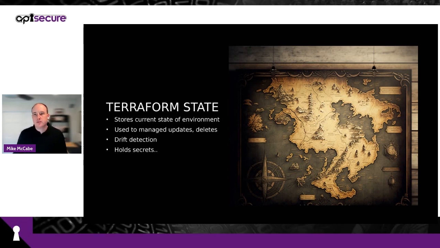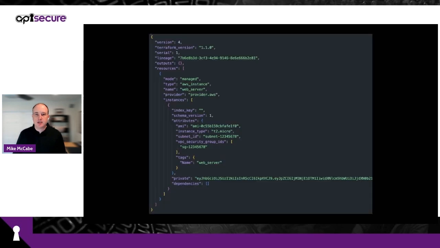You can do drift detection in other ways, but they're going to have it as a mainline utility now. And Terraform state holds your configuration, so it tells you what you have deployed, but it also holds secrets, which obviously is a big issue if you have certain secrets in that Terraform state and where you store it.